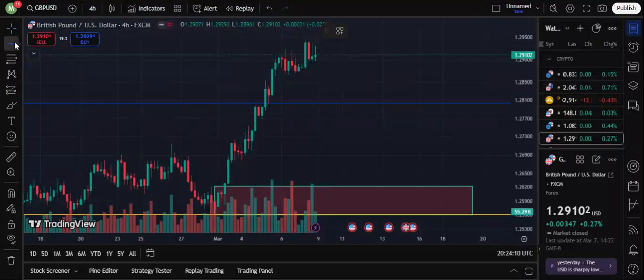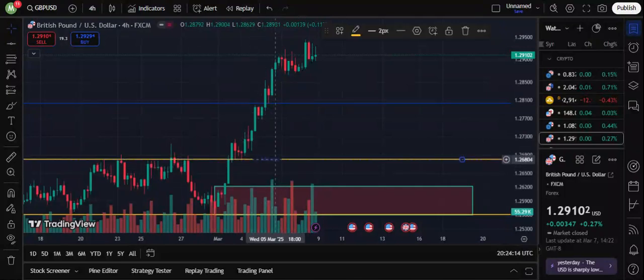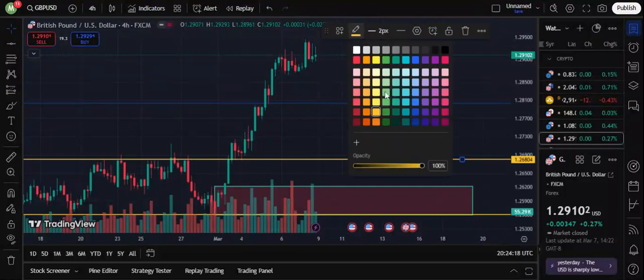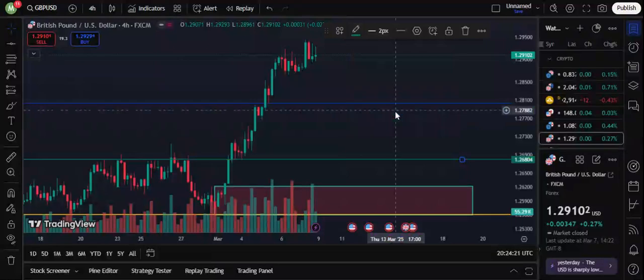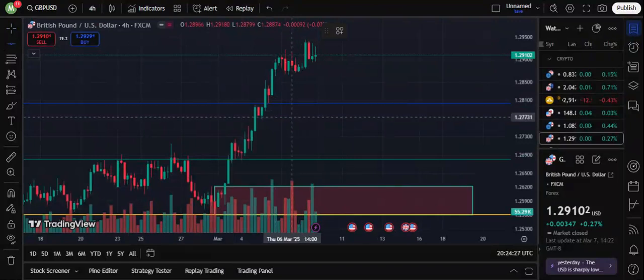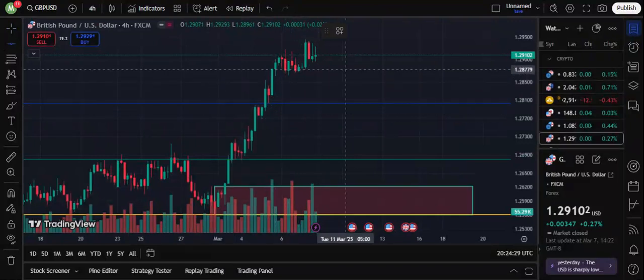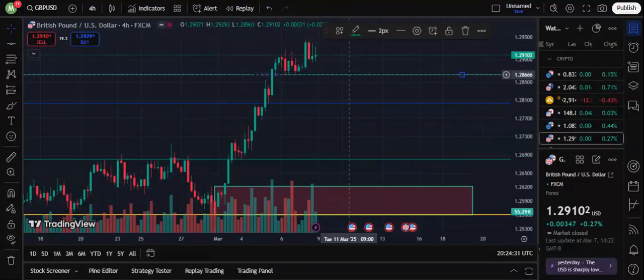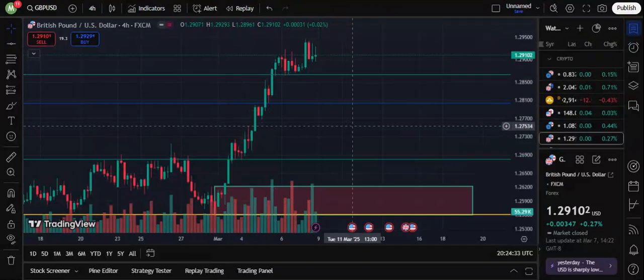So what we want to do here is mark out these areas. I will change the color so that whenever price comes to those areas, I understand what price is doing and the time frame price is coming to. So this is what we have.